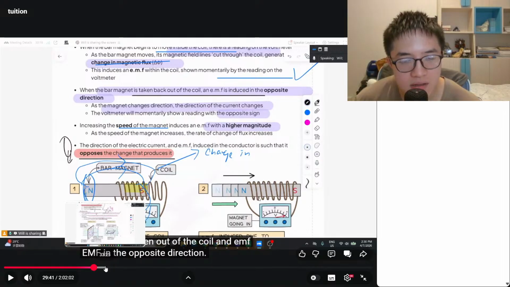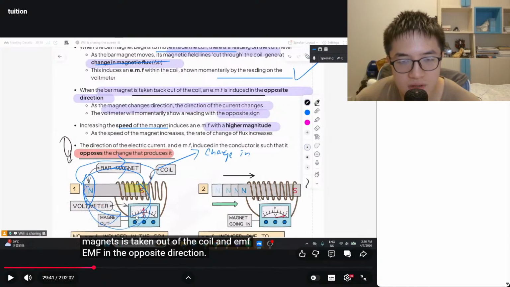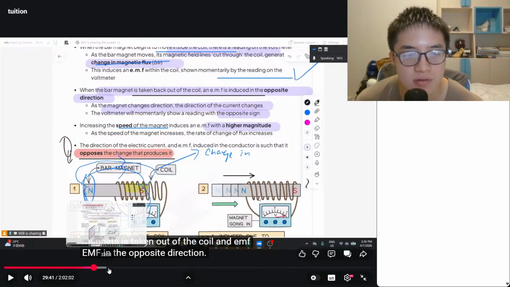Moving the magnet in and out, towards and away from the coil, the EMF induced in the conductor is such that it opposes the change that produces it.